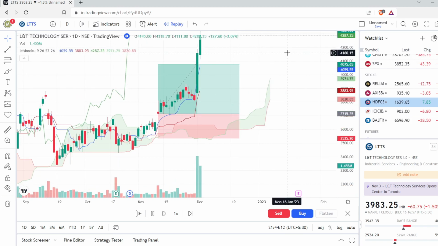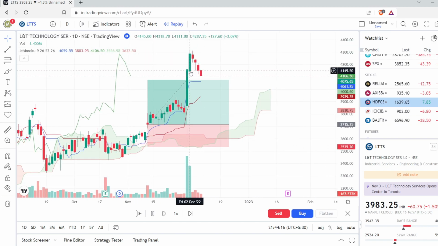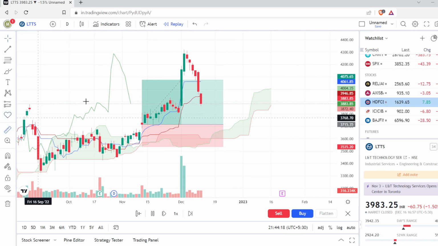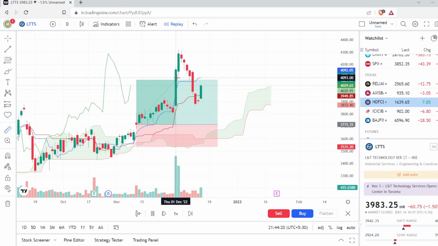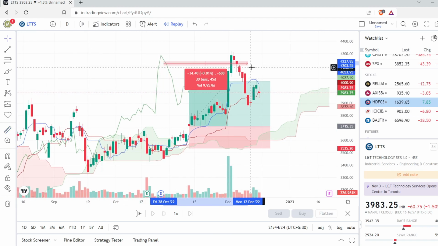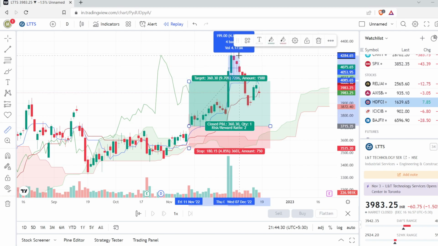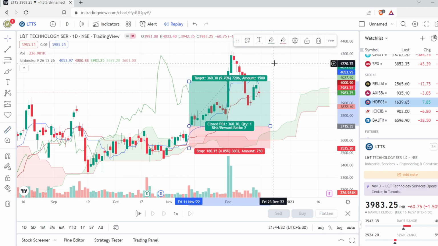Just look at that move, guys. And again, look at that. Even after crossing your target, it went up. Even after crossing your target, it did go up. How much? It went up 5% more.